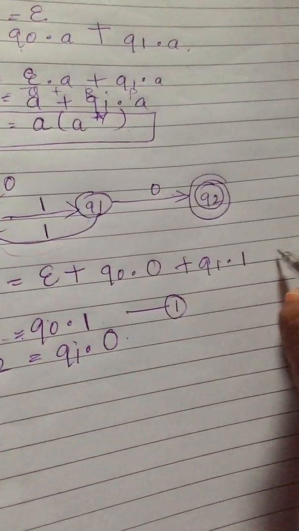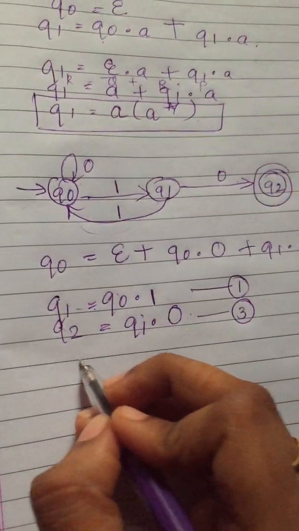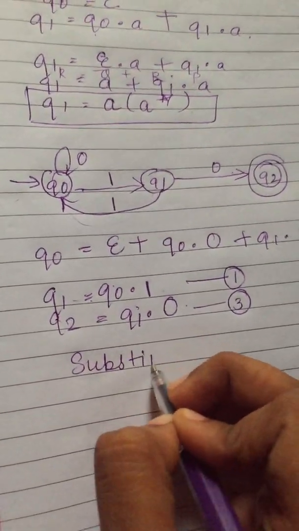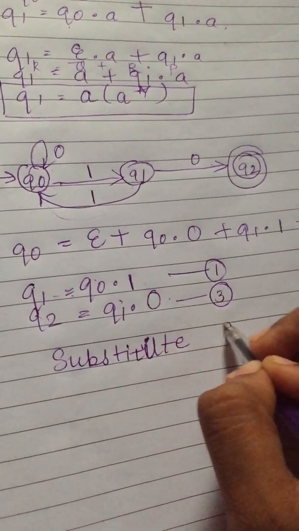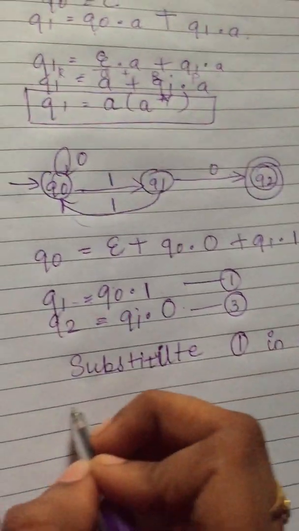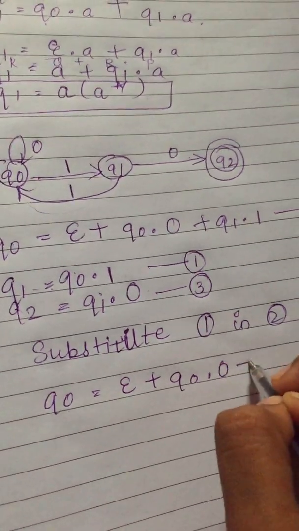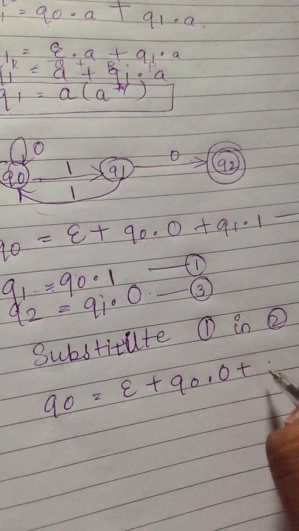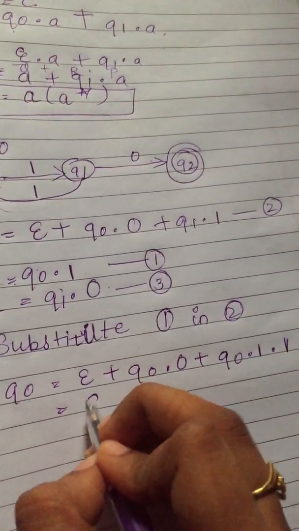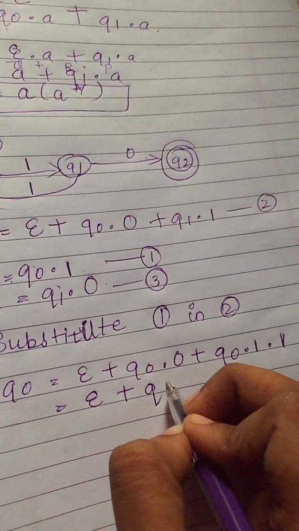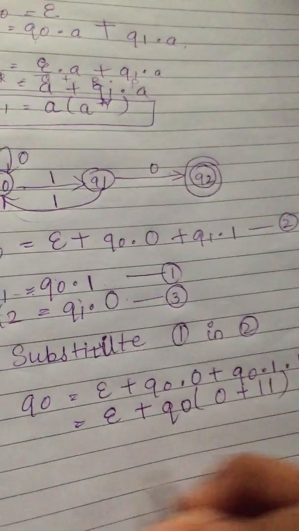So we'll substitute 1 in 2. So Q0 is equal to epsilon plus Q0 into 0 plus Q1, which was Q0 into 1, into 1. So now we can simplify this, plus Q0, this is the common part, 0 plus 1 1.